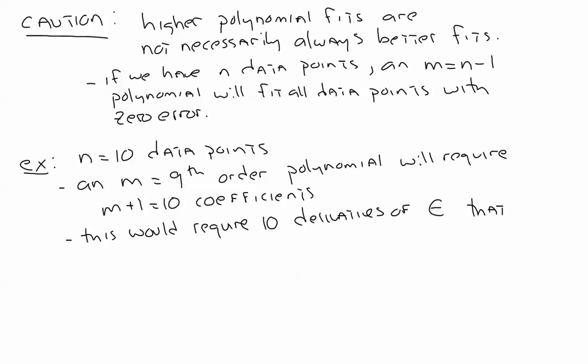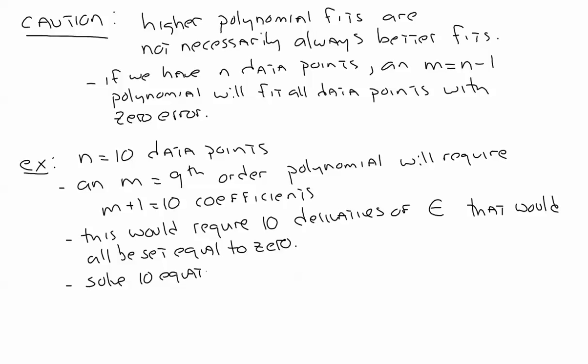So this would require 10 derivatives of epsilon that would all be set equal to 0. All right? And then we would solve 10 equations in 10 unknowns.